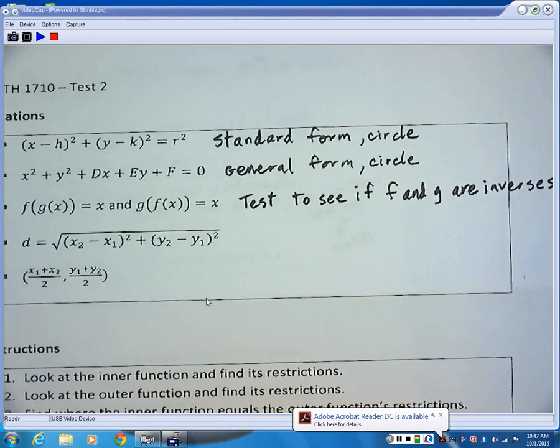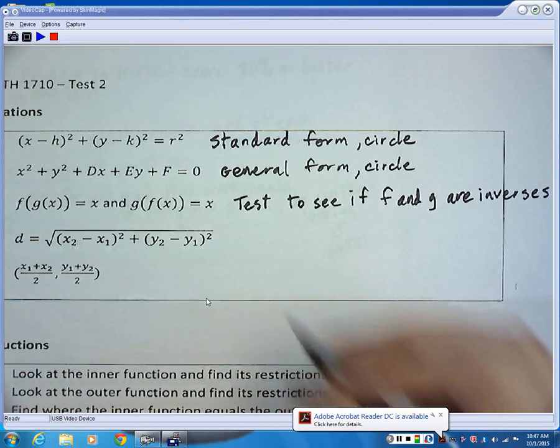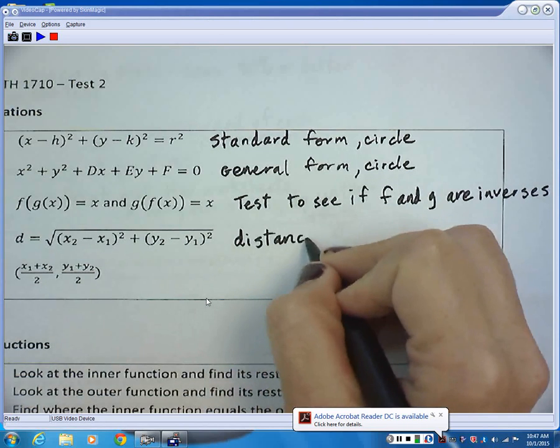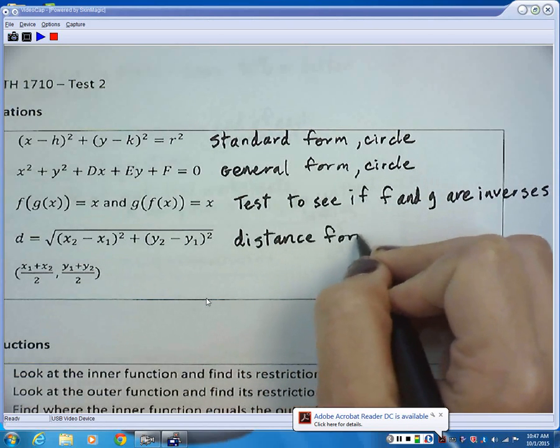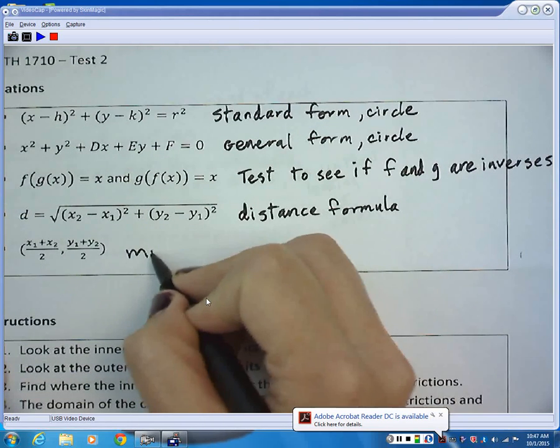If they're inverses, they undo each other. So F of G of X will just equal X, and G of F of X will just equal X. This is the distance formula. And this is the midpoint formula.